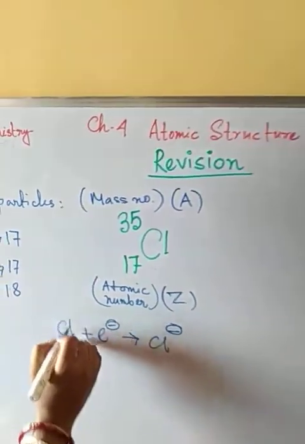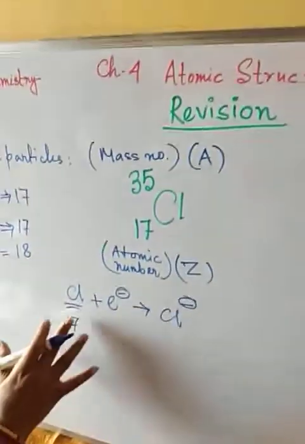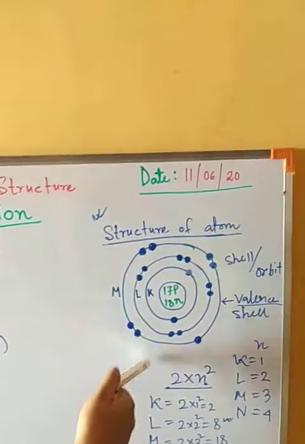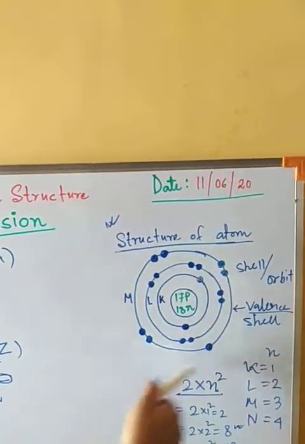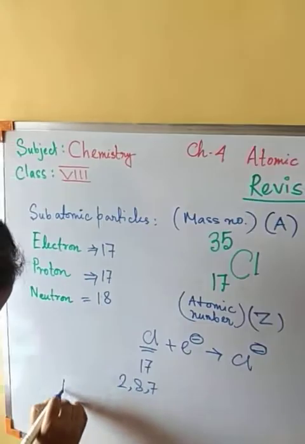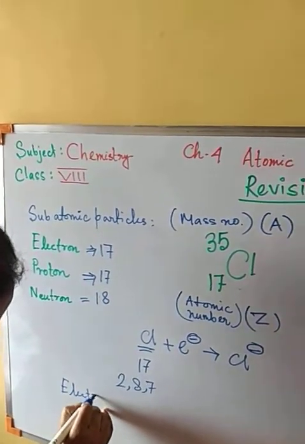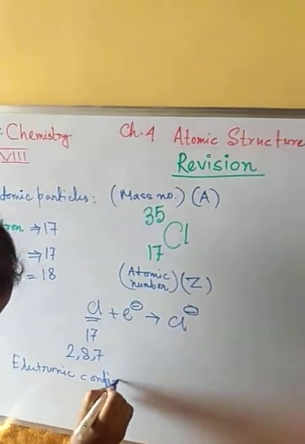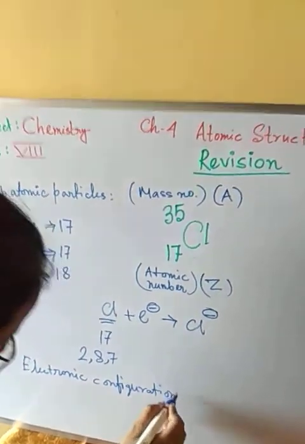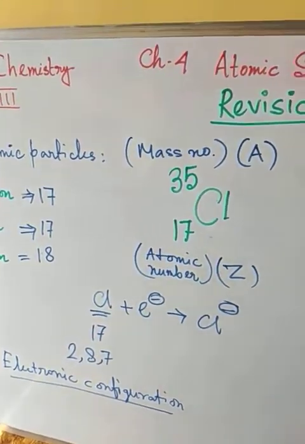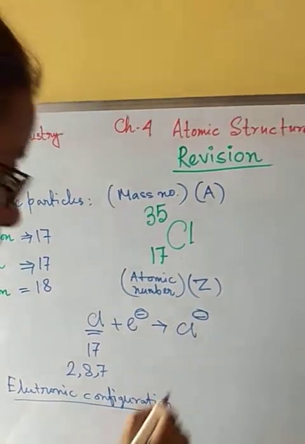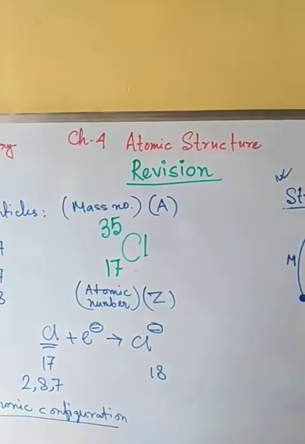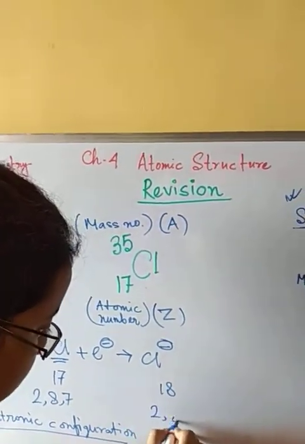Now chlorine has 17 electrons. Its electronic configuration is 2, 8, 7. The arrangement of electrons in different shells is called electronic configuration. When chlorine captures one more electron, it has 18 electrons, arranged as 2, 8, 8.